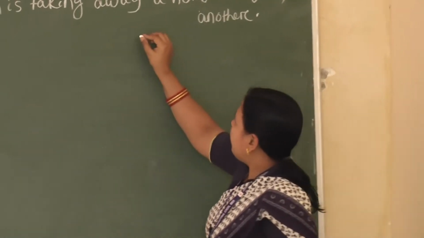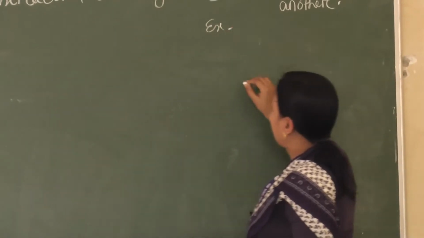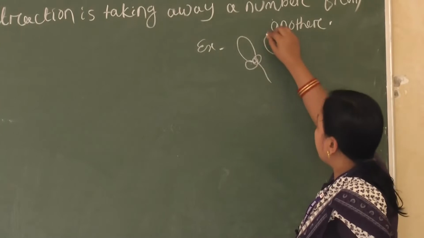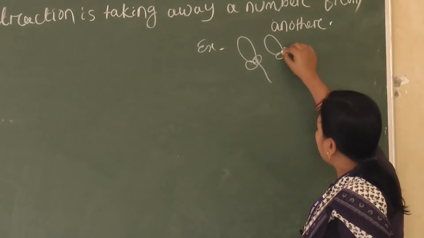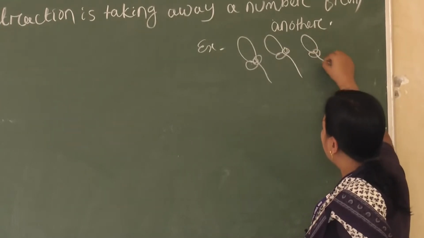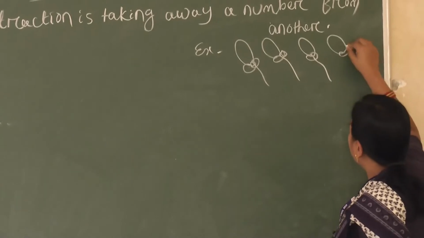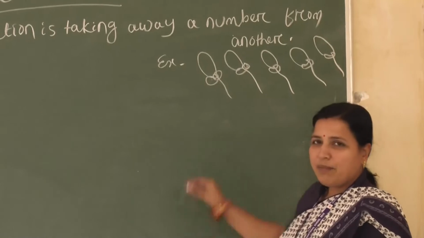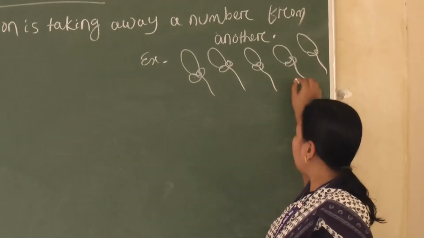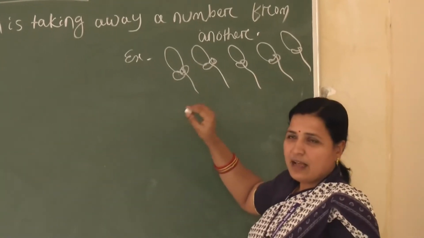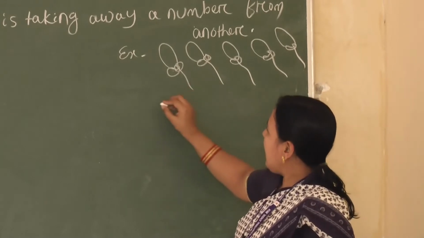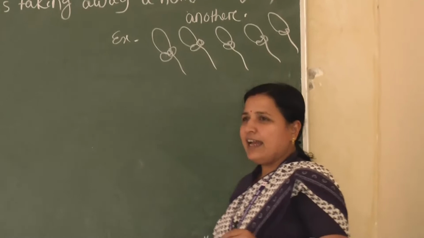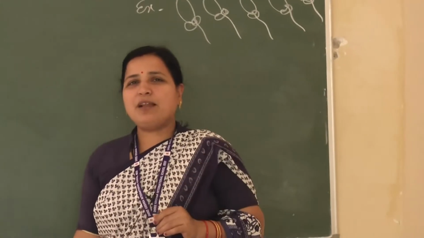You see one example, another example I will show to you. How many balloons are there? Here you see how many balloons? 1, 2, 3, 4, 5 balloons are there. Sita has 5 balloons. Think that I am playing with these 5 balloons.